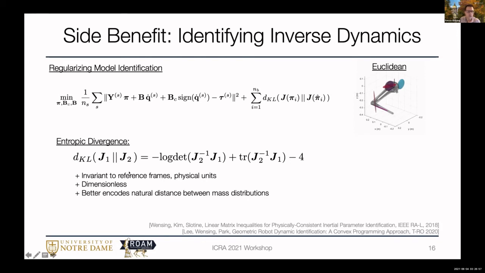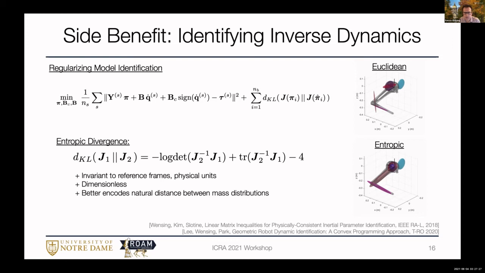If I give you two inertia matrices, I can calculate this quantity, and it's invariant to reference frames and physical units, and so is more sensible than the conventional Euclidean metric, which is dependent on choice of frames. With just this very small change, we can get much more sensible results out of our system identification. I think it's really easy to mess up system identification sometimes, and this makes it harder to mess it up.